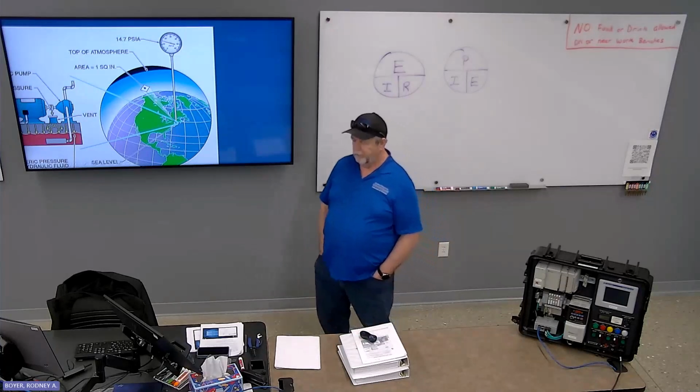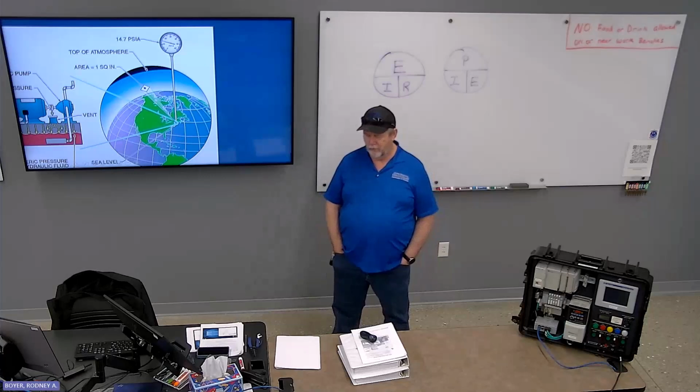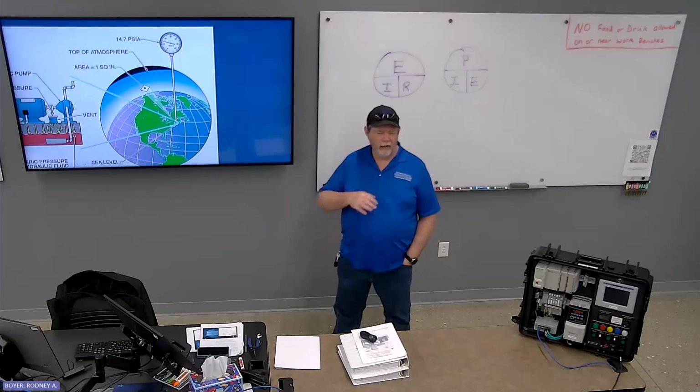So how much force is exerted over the entire surface of the earth, assuming even pressure all the way around? You don't take into account any of the mountains or valleys or anything like that. 14.7 everywhere per square inch.